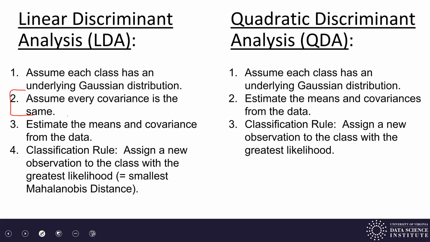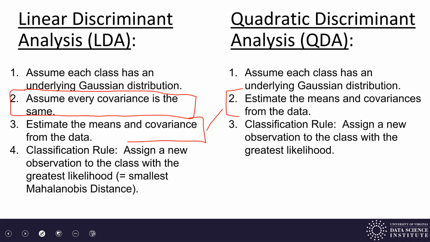That assumption is present in LDA, but not present in QDA. In QDA, we assume our different classes can have different covariances. The next step is the same in both, the second step in QDA and third step in LDA: we're going to estimate the covariance and the means from the data.